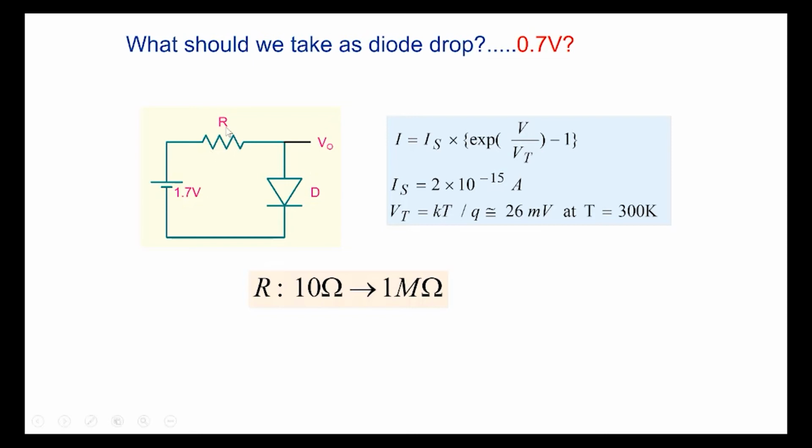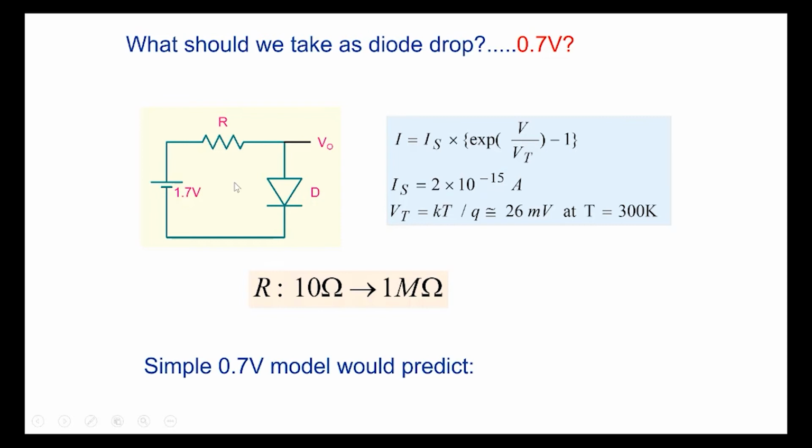Note that R in my circuit could be 10 ohms, could be 100 ohms, could be 1 kilo ohm, could be even 1 mega ohm. These are the typical resistors that we commonly use in circuits. And how accurately will my 0.7 volt model, if I replace the diode by it, give me the value of the current?